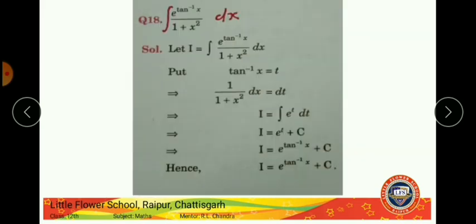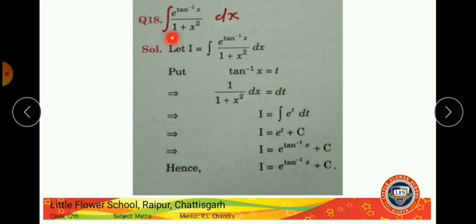Substitute the value of t. Hence the integration becomes I is equal to 4 upon 3 under bracket x square plus x plus 1 whole raised to 3 by 2 plus c. Now see question number 18.